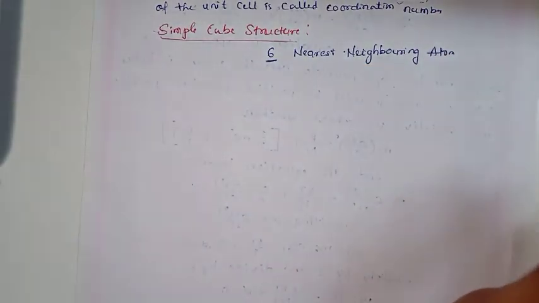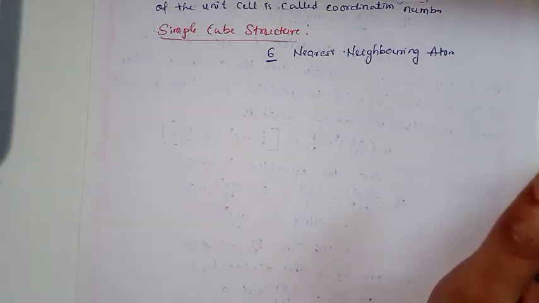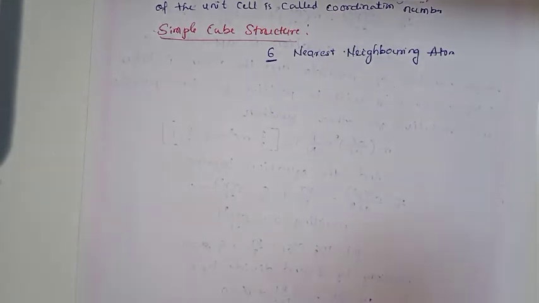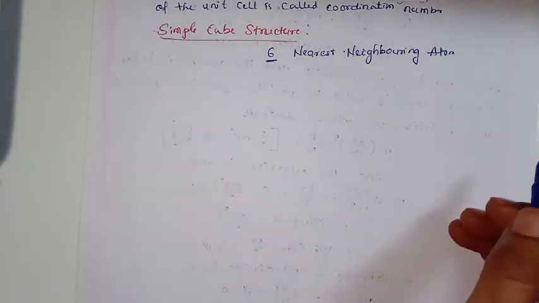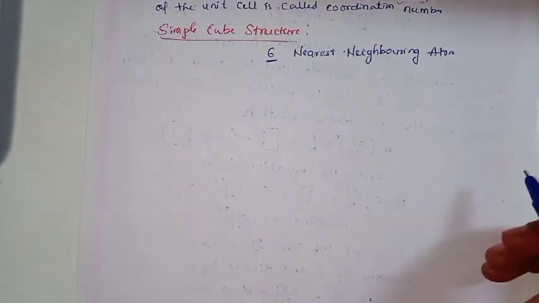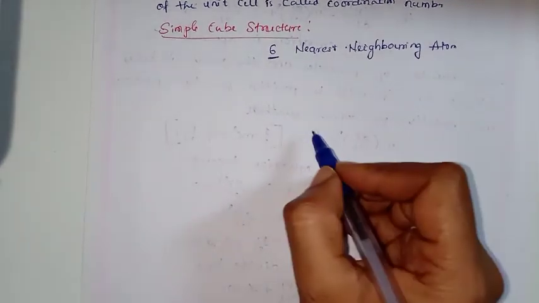In the simple cubic structure, there are 6 nearest neighboring atoms. Then the coordination number of the simple cubic crystal system is 6.